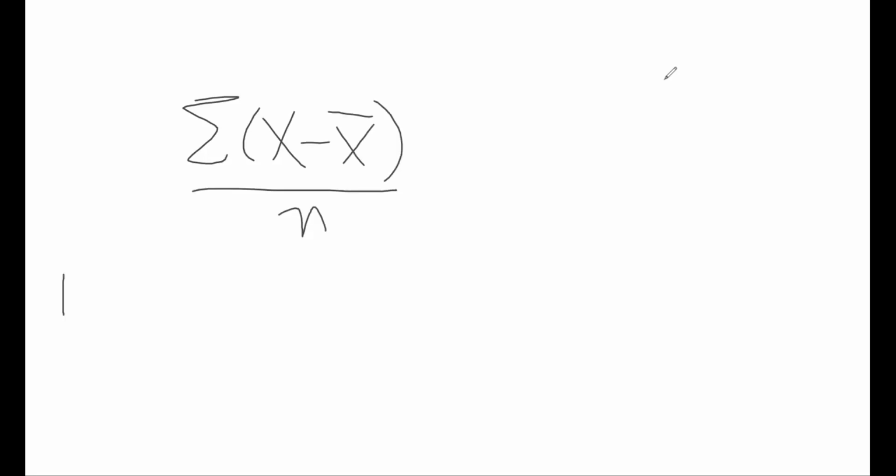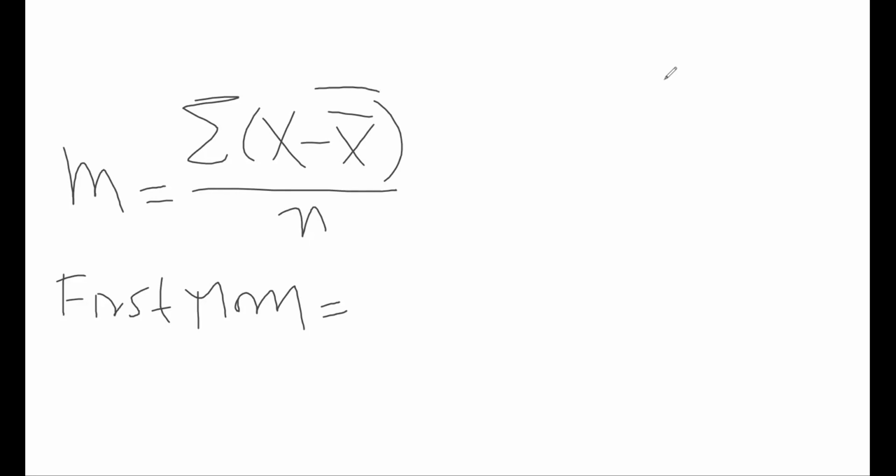So if sigma (x minus x bar) by n, this is the first moment. This will give us m. In case of the first moment, as we have learned earlier, when we calculate x minus x bar and sum it up, all these values come out to be 0. So for the first moment, m is equal to 0.